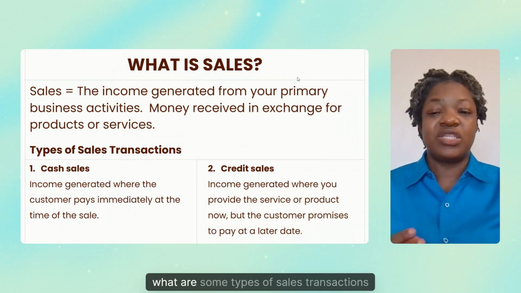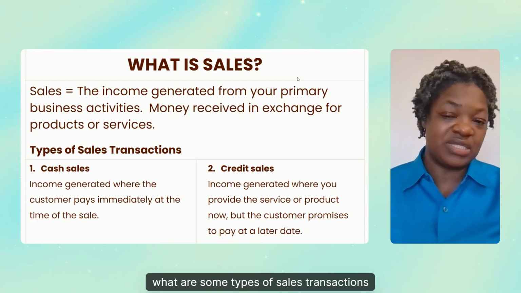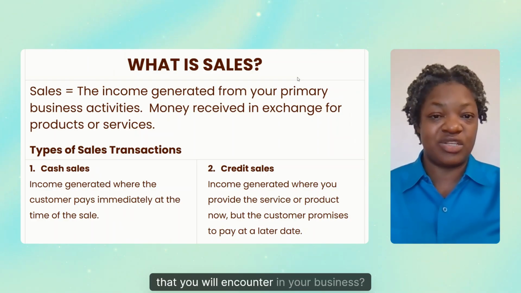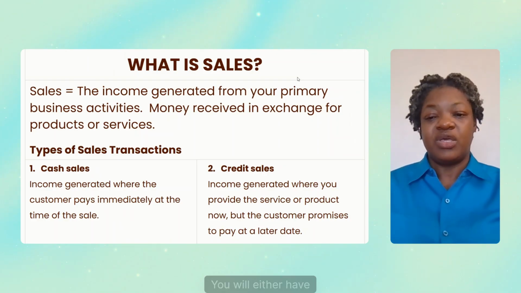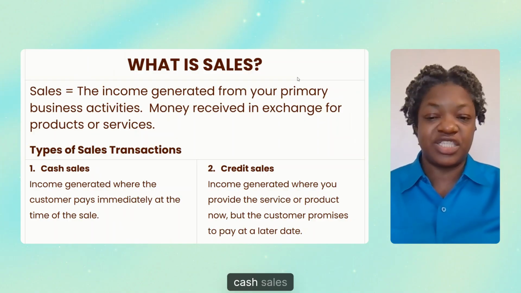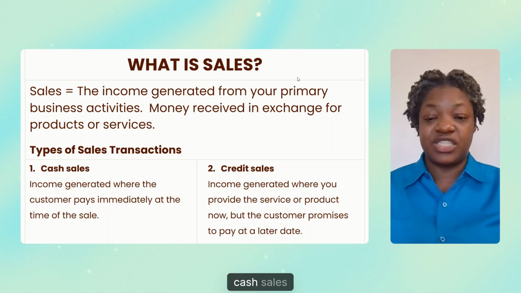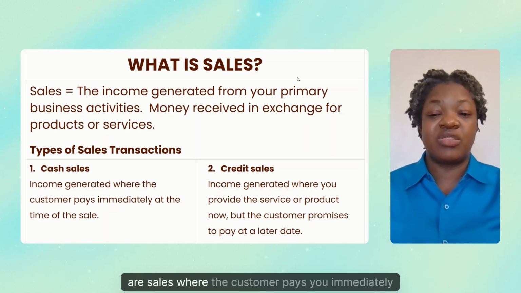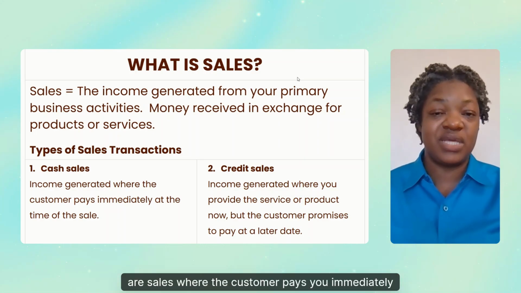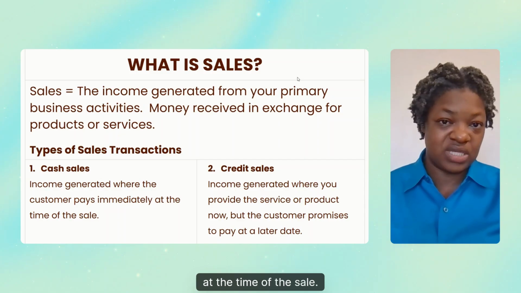So, what are some types of sales transactions that you will encounter in your business? You will either have cash sales or you will have credit sales. Now, cash sales are sales where the customer pays you immediately at the time of the sale.